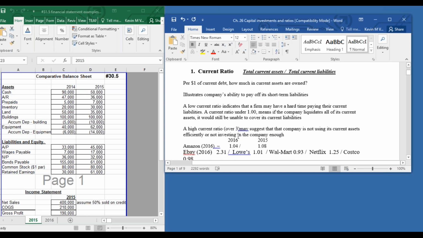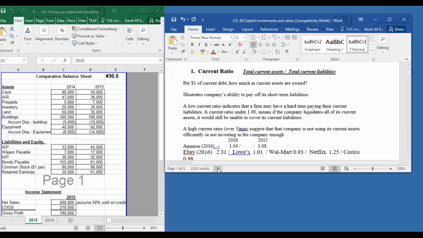But on the opposite side, anything perhaps over 3, and this is just an average, it doesn't necessarily mean this is the same for every company, if your current assets are over 3, then maybe you have too many current assets and not enough debt. So you could have more debt out there to potentially make your business bigger and better, because debt isn't always a bad thing, especially when you're trying to grow your company.